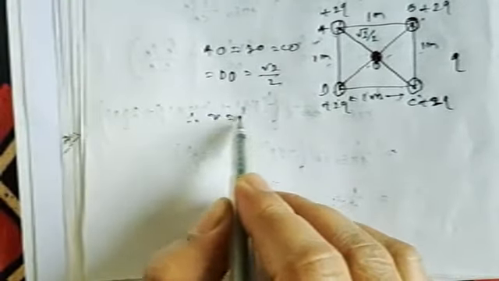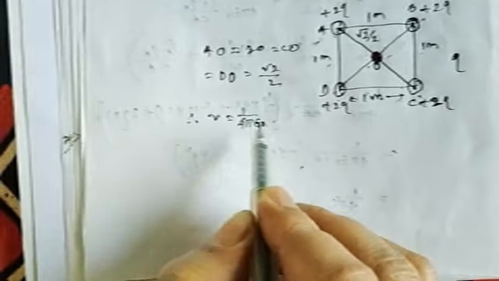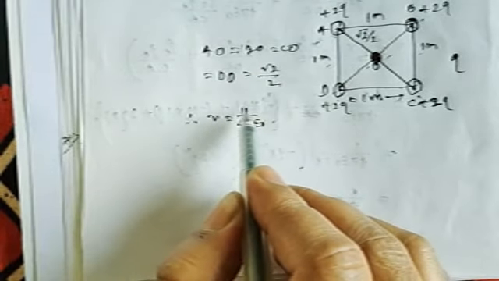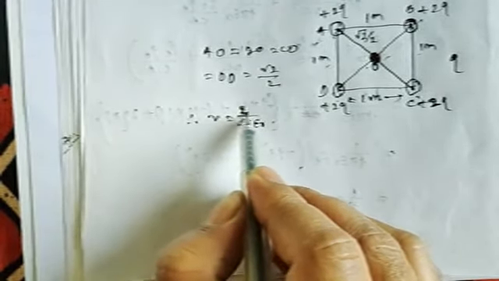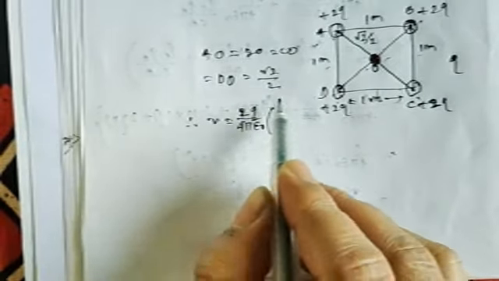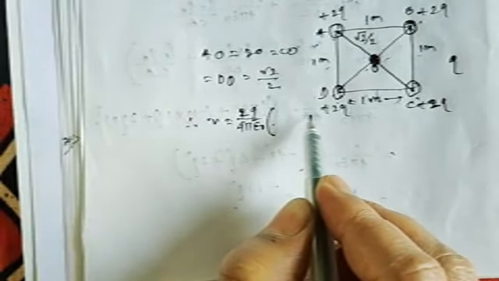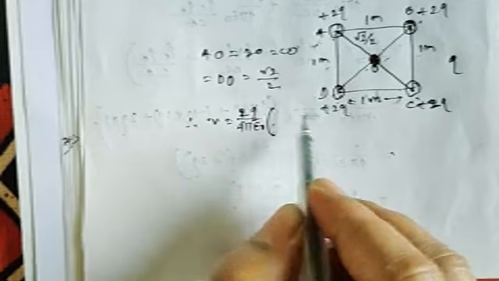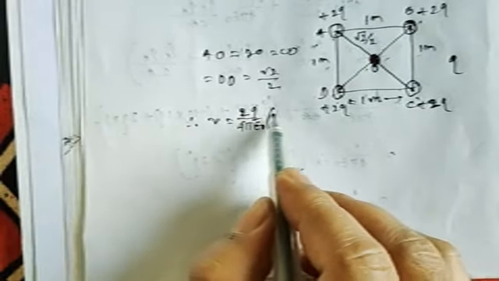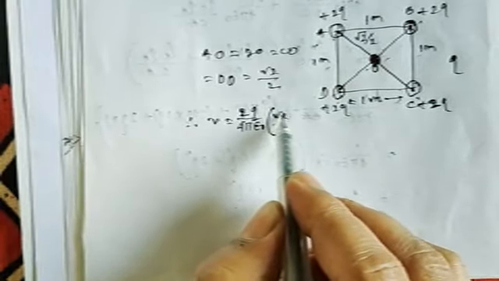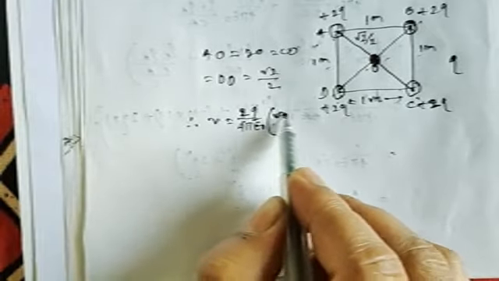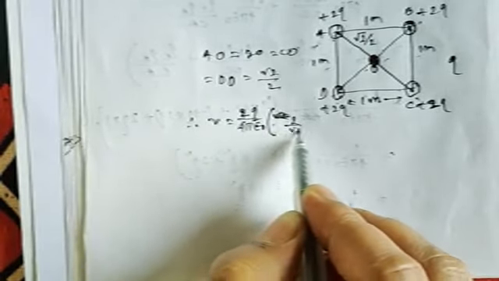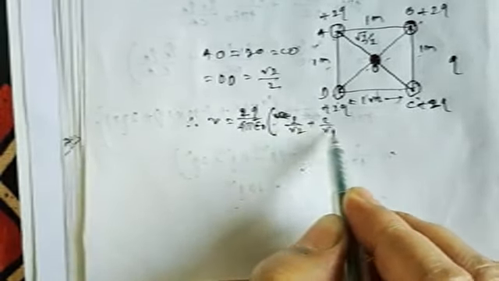Hence potential V will be 1 by 4 pi epsilon naught, Q means actually 2q, of 1 by AO plus 1 by OB plus 1 by OC plus 1 by OD. 1 by root 2 by 2 means 2 by root 2, plus 2 by root 2 plus 2 by root 2 plus 2 by root 2.